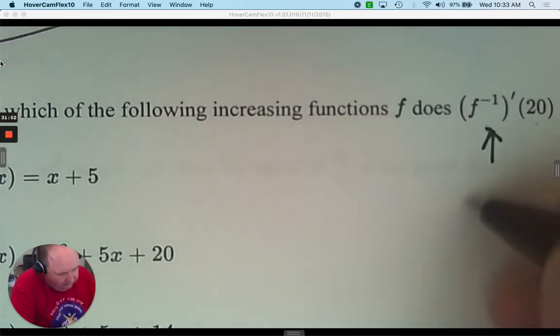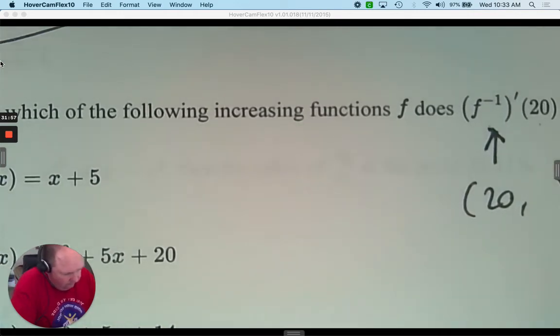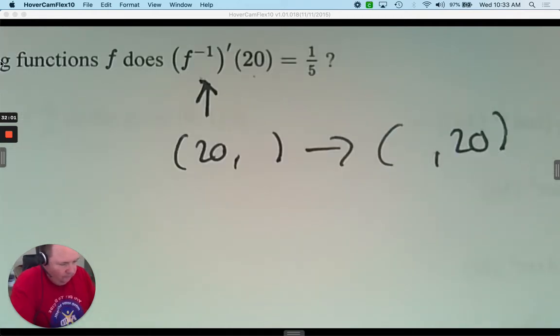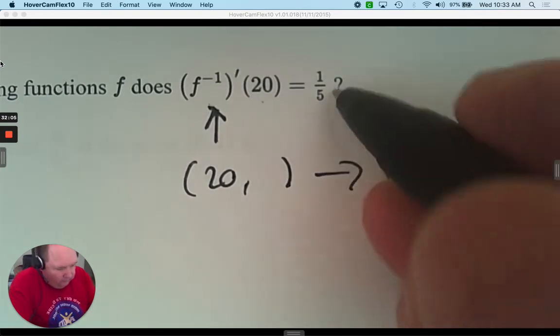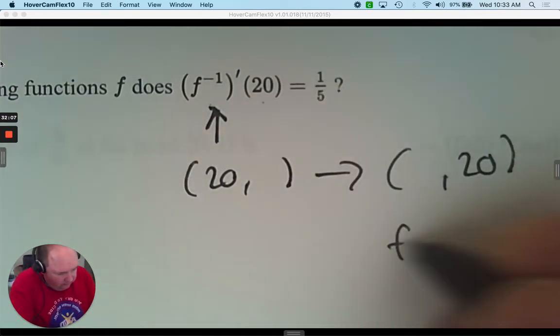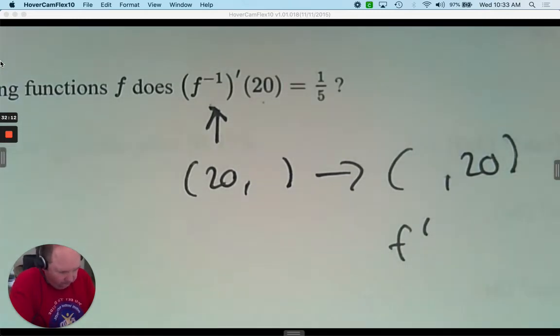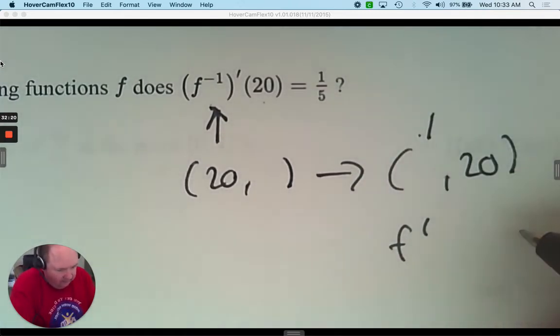So if that is the inverse, and the derivative at that value is 1/5, then the derivative of the original function is 5.